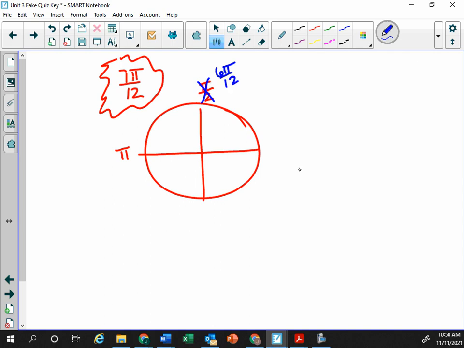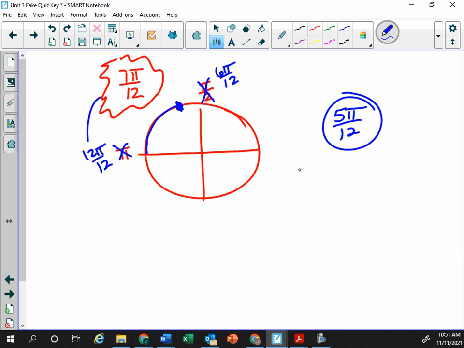And pi could really be 12 pi over 12. Like, you got to be comfortable with fractions here. So 7 pi over 12 is somewhere in here. I need to know how far it is from the x-axis. So how far is it from 7 pi over 12 to 12 pi over 12? A lot of 12s, yeah. So your reference angle is 5 pi over 12. Does that make sense? Okay.